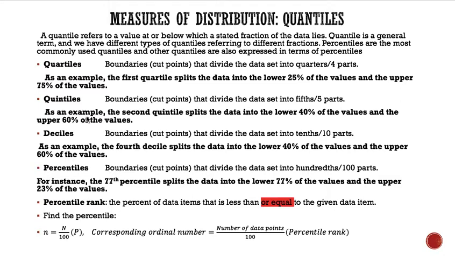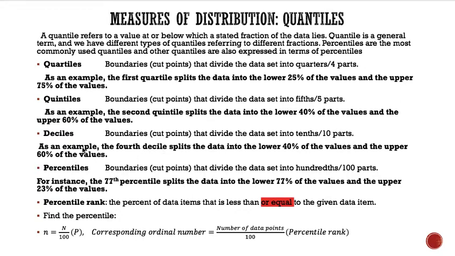The second quintile is 2/5. 2/5 is 40%. So for this boundary, 40% of the data lies below this boundary, and 60% of the data in the data set lies above this boundary.